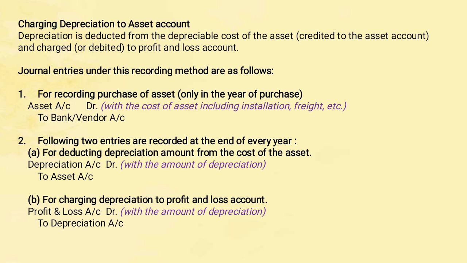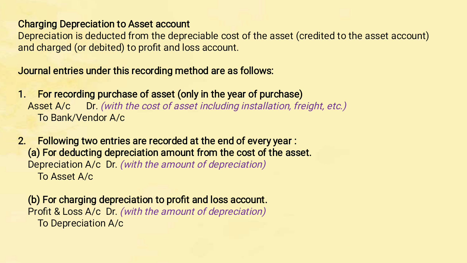Whatever cost we have paid, we write on the debit side. If we have purchased in cash or by cheque, it is assets account debit to bank account. If we have purchased the asset on credit, then we have to credit our vendor, our supplier. So assets account debit to vendor's account.